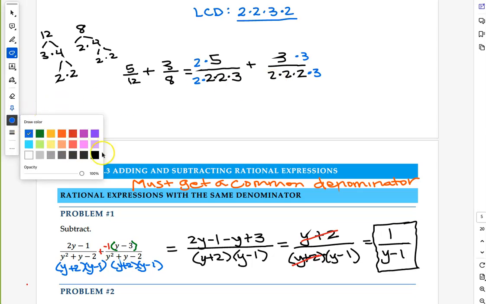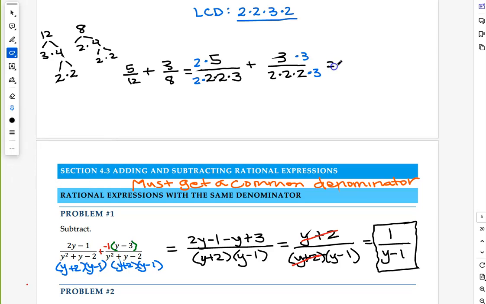All right, so let's look at this. Now I know that I have my LCD. On the top here, 2 times 5 is 10. And then on the bottom, 2 times 2 times 2 is 8, times 3 is 24.